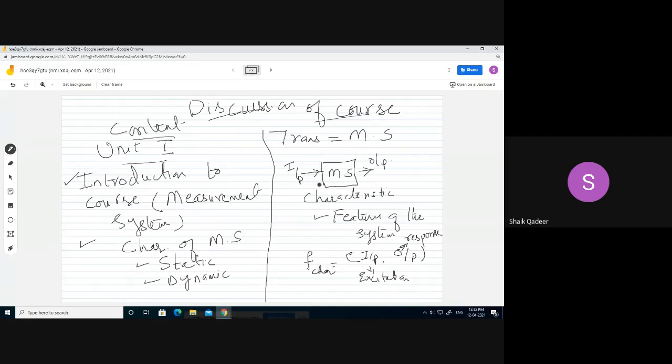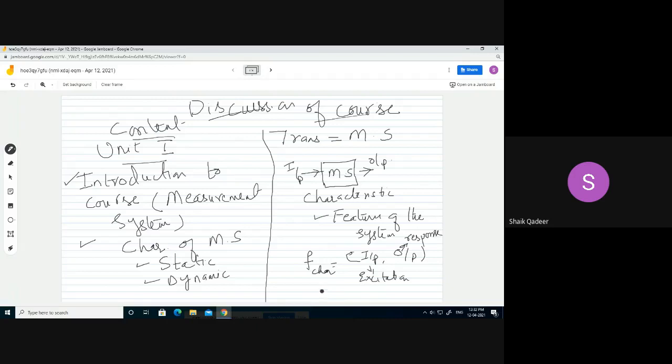If the measurement system is represented by this block, the meaning of characteristic is nothing but extraction of features, or the performance parameter. The performance parameter of any system can be calculated by giving some input and measuring the corresponding output, right?